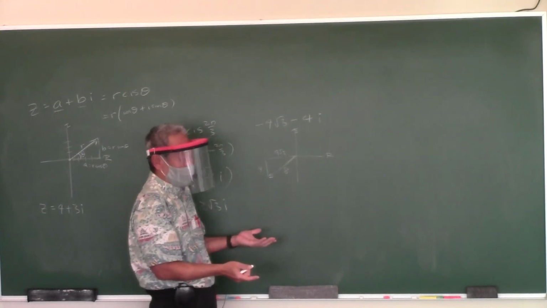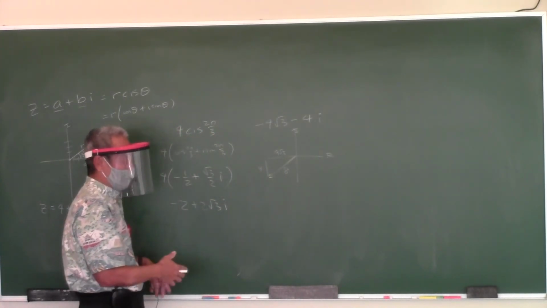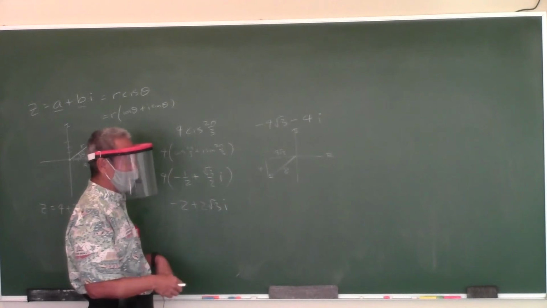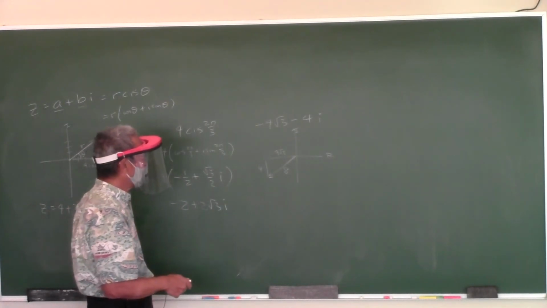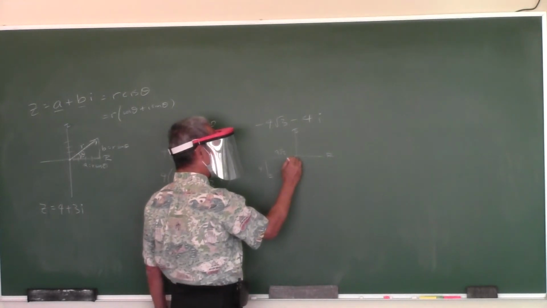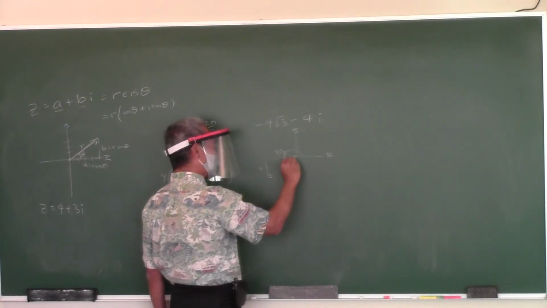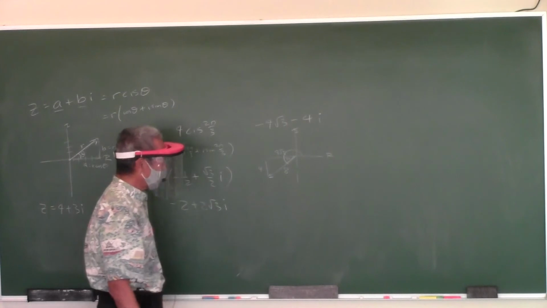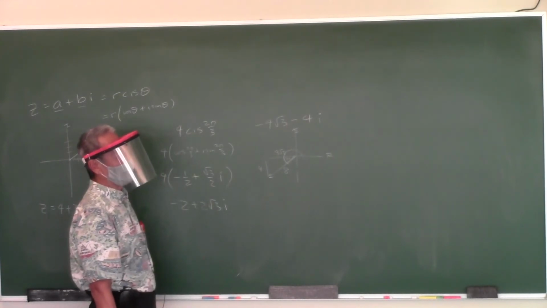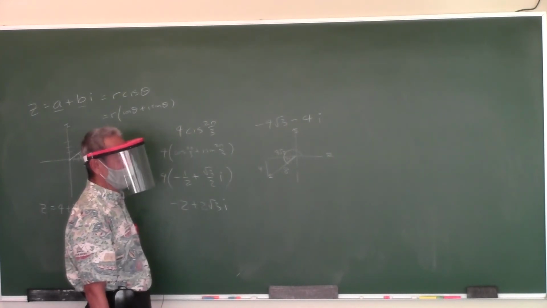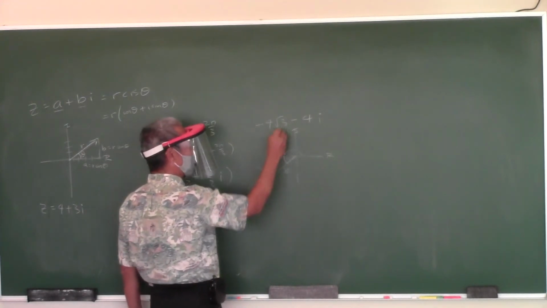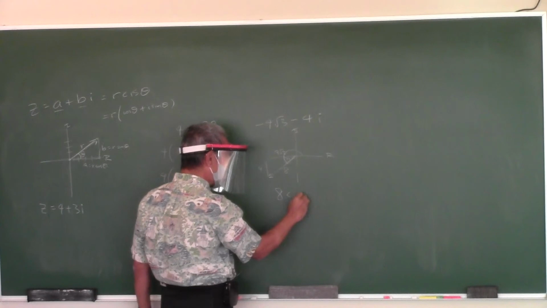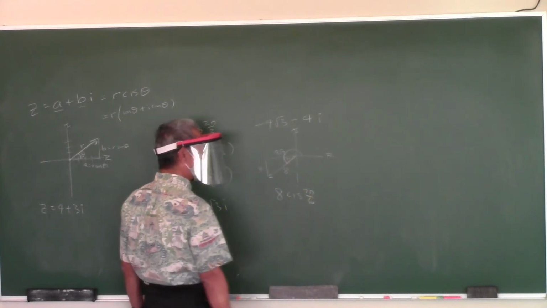You can use the Pythagorean theorem if you want, but come on. Almost all of these things that you're going to get, it's either going to be 30, 60, 90 or 45, 45, 90, right? And then, if this is the 30 degree angle, what is this angle going around like that? What's 180 plus 30? 210, or 7 pi over 6. So the polar form for this will be 8 cis 7 pi over 6.